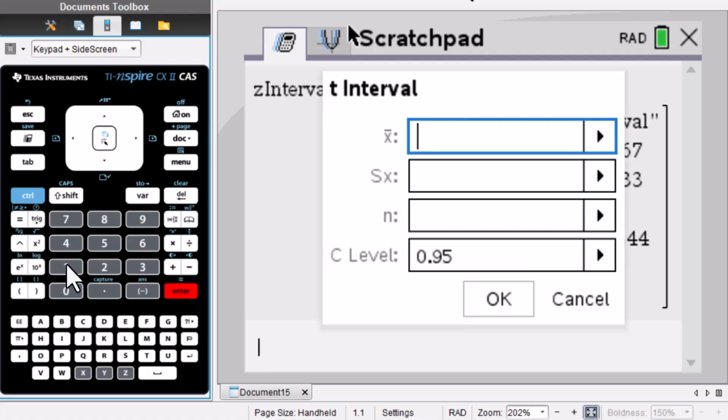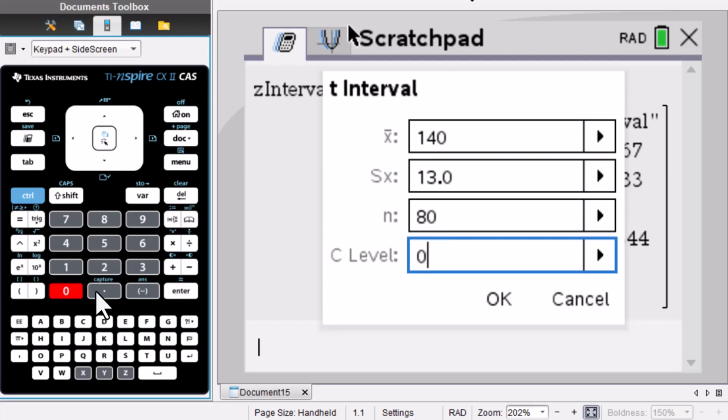X bar 140. S sub x 13.0. n is 80. C level 0.90. Then enter.